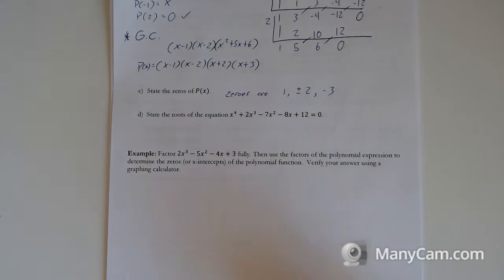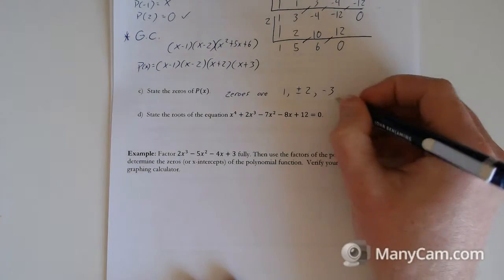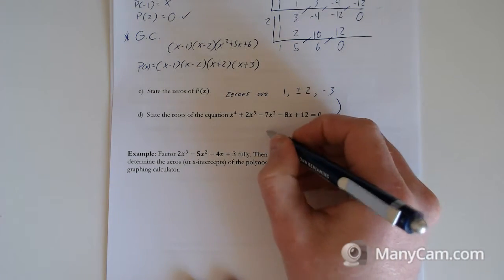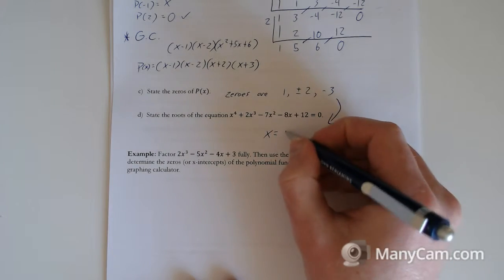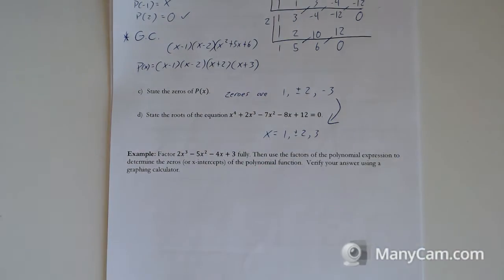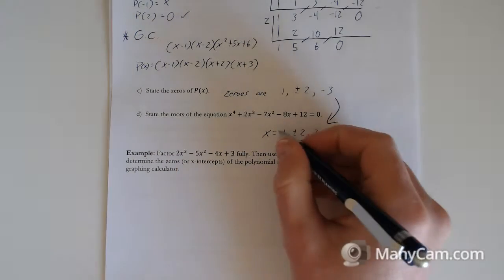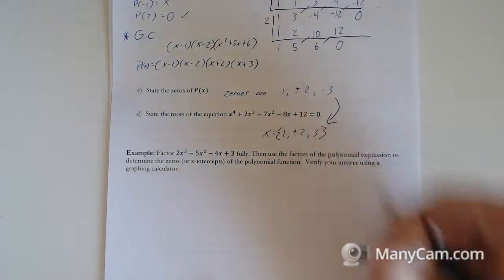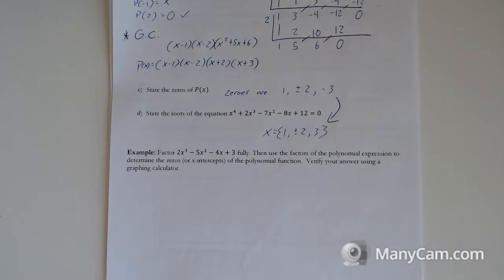State the roots of the quadratic equation. The same thing. X is kind of the group of, if we want to write it that way, X is the group of these numbers. It's the exact same answer. The zeros of the function are the roots of the equation.